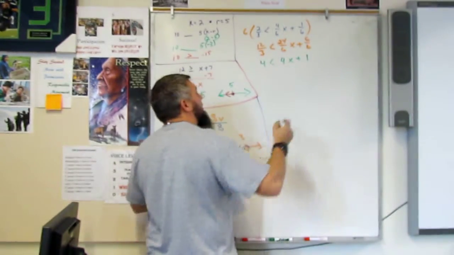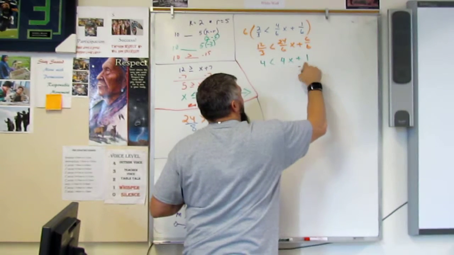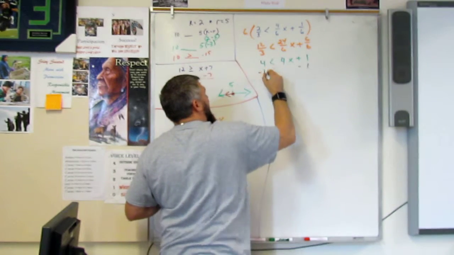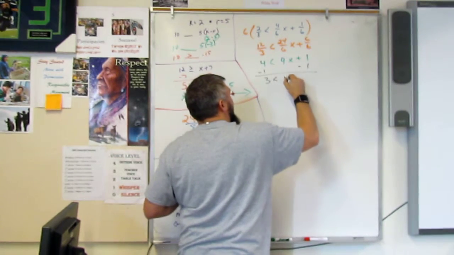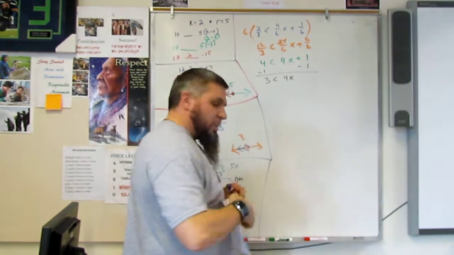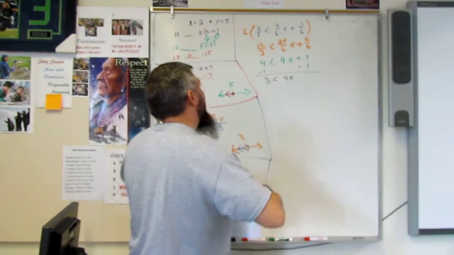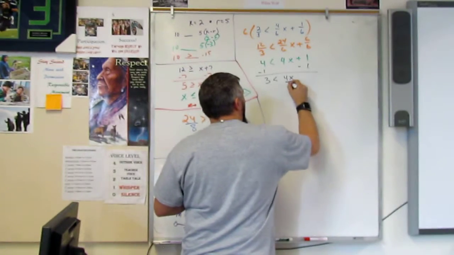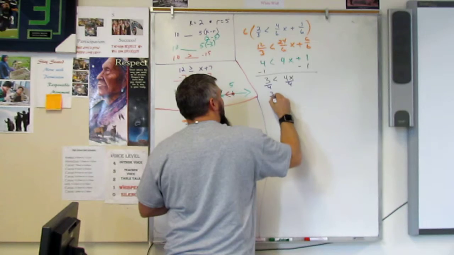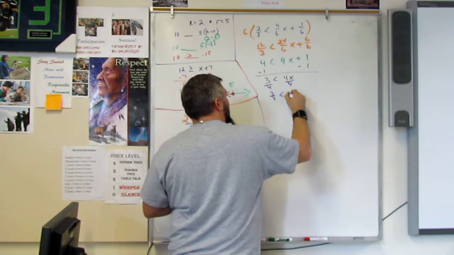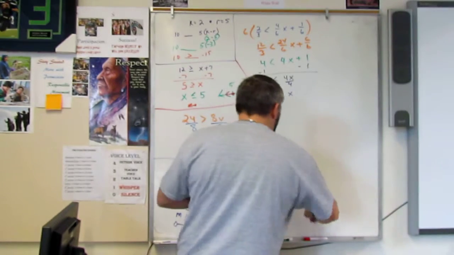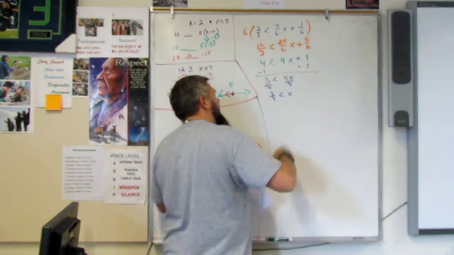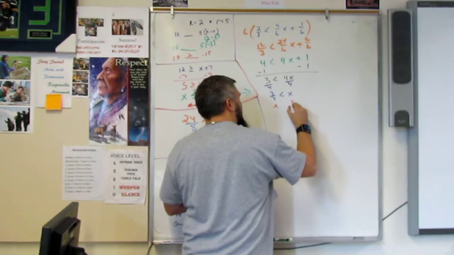Where we're going to subtract 1, and I get 3 is less than 4x, and then divide by 4, so I get 3/4 is less than x. Now again, I want x on this side, x and 3/4.